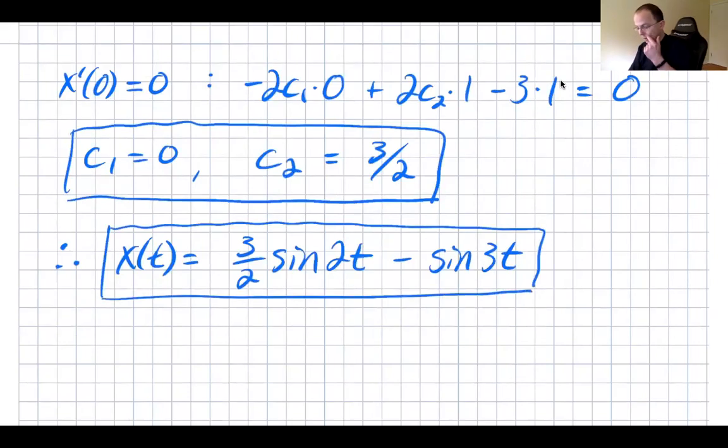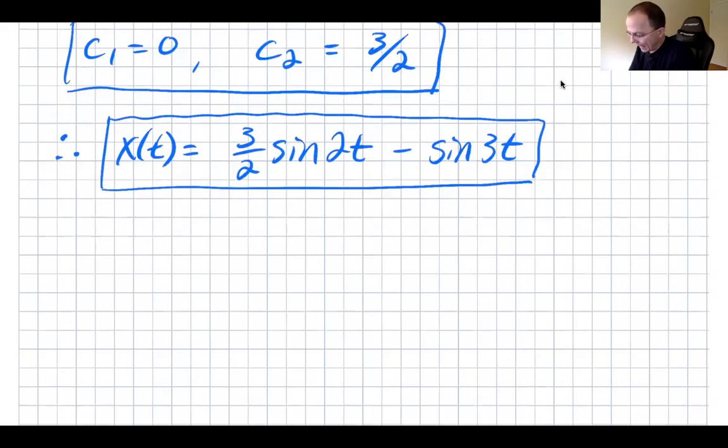All right, great. Maybe we could plot this. It would be interesting to see what this function looks like. So what do the oscillations now look like? You can see that there are some oscillations coming from the natural frequency of the system. So this 2 here is the natural frequency.